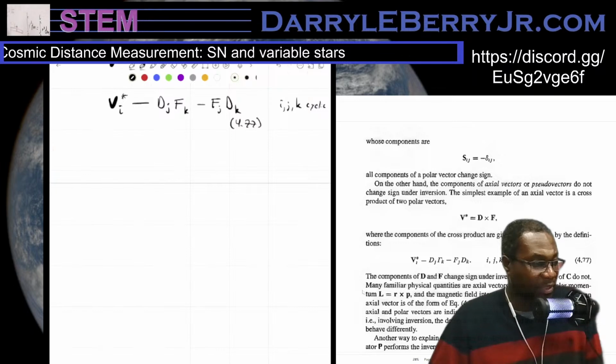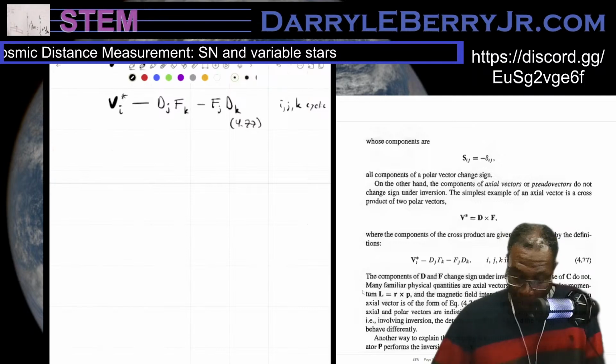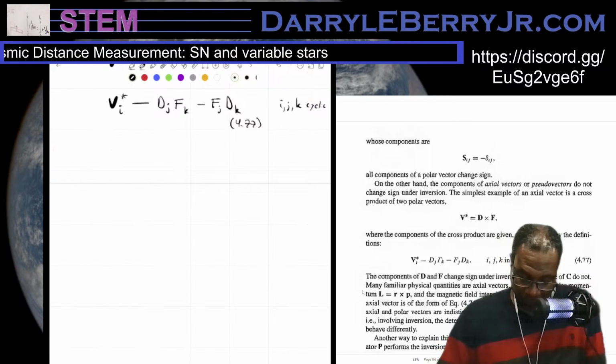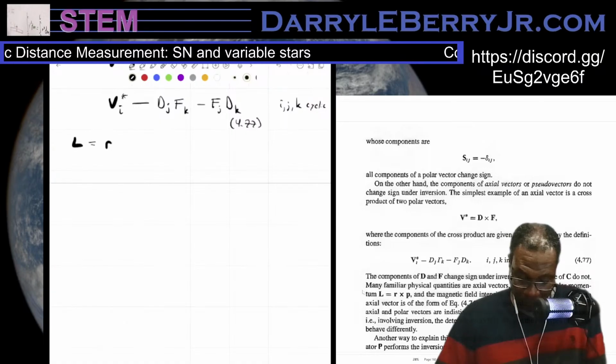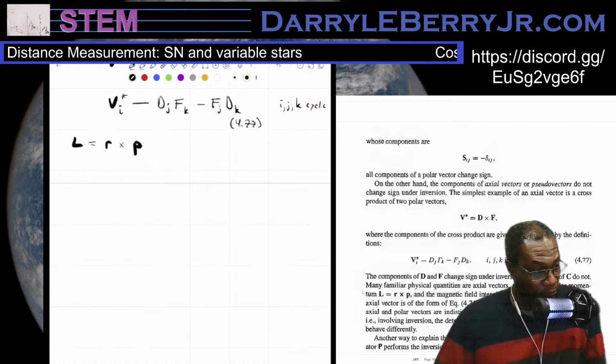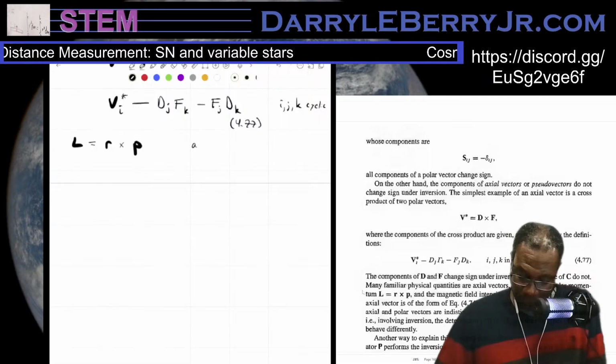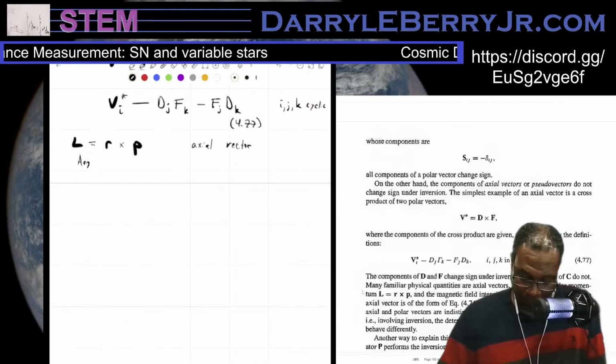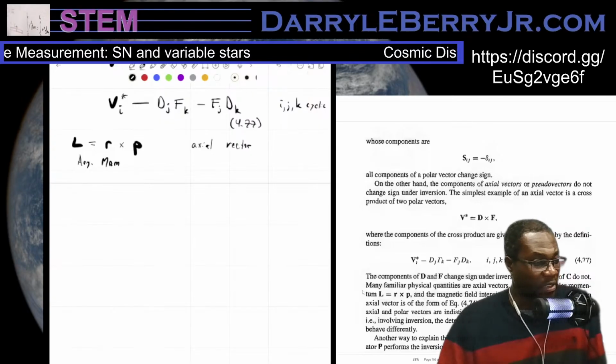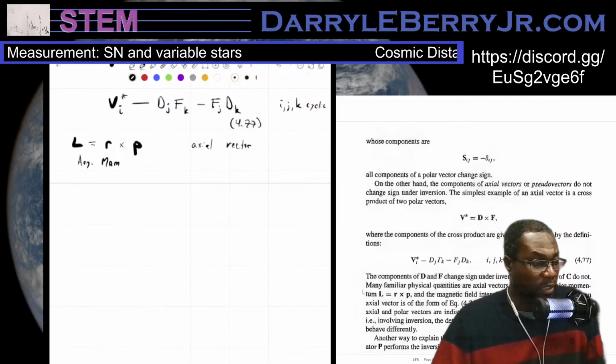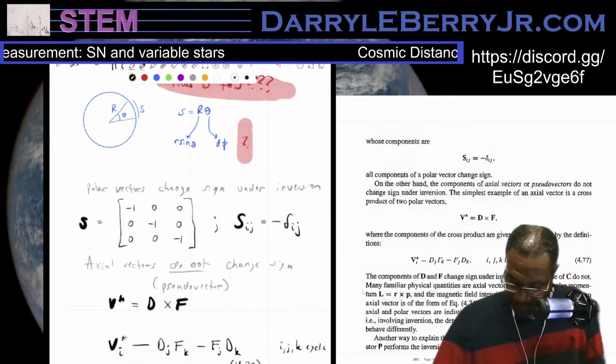Many familiar physical quantities are axial vectors, such as the angular momentum and the magnetic field intensity. The transformation law for an axial vector is of the form equation 4.74.